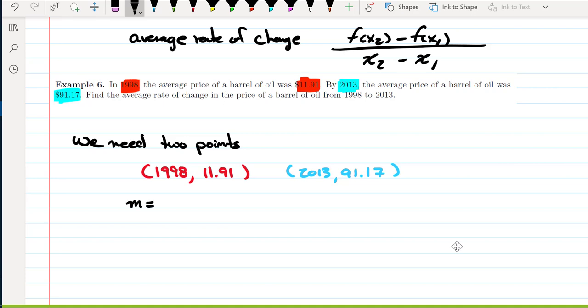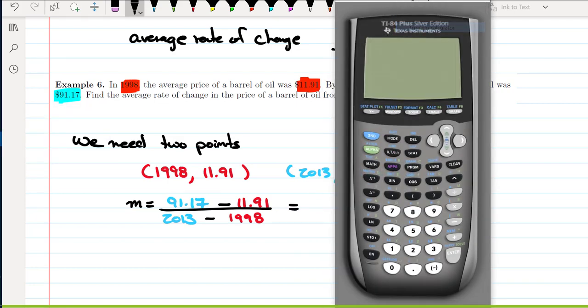So it's y2 minus y1. So 91.17 take away 11.91 divided by 2013 take away 1998. And if we grab our calculator and we go alpha y equals, and we have 91.17 take away 11.91.